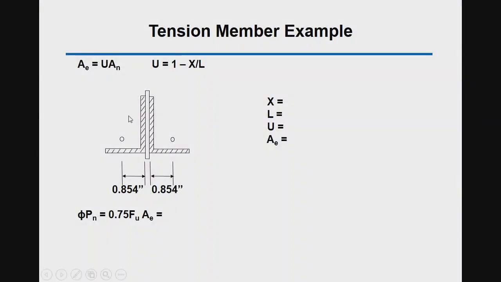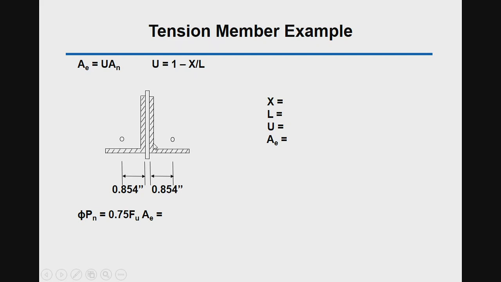Since only one leg is bolted to the gusset plate and the other leg is free, the shear lag coefficient U should be smaller than 1. We can determine U using this equation. x is the distance from the centroid to the interface between the gusset plate and the double angle.